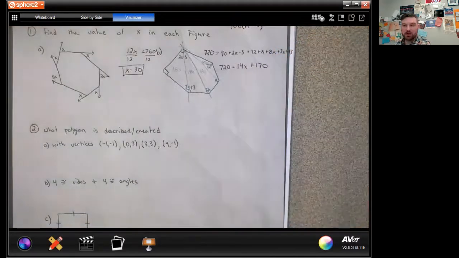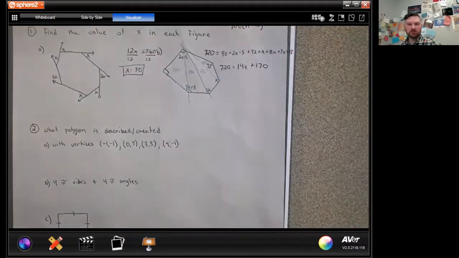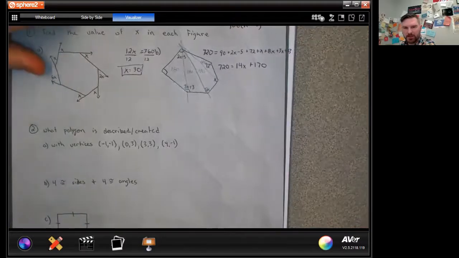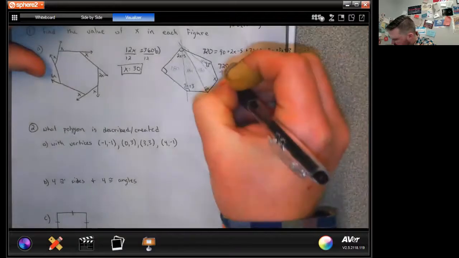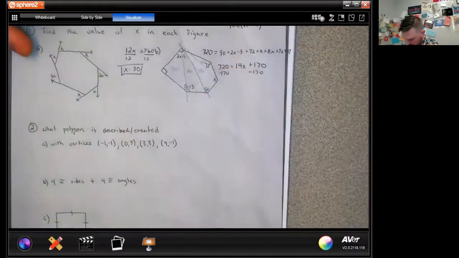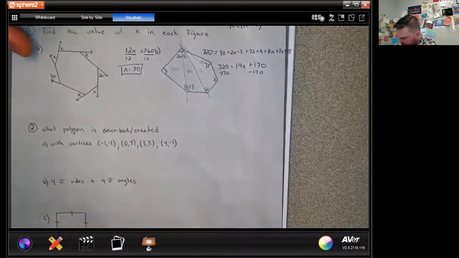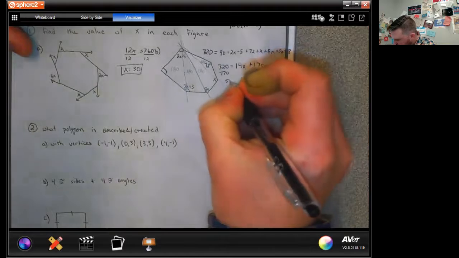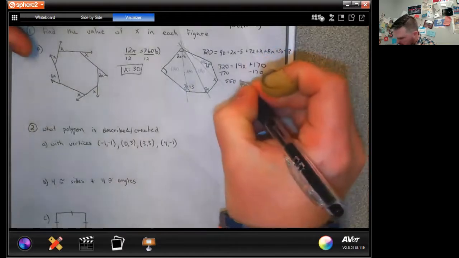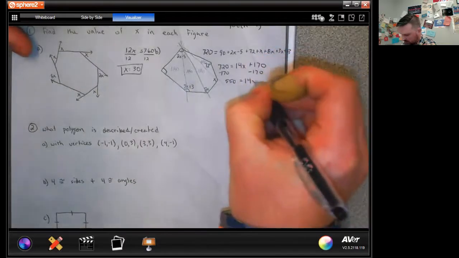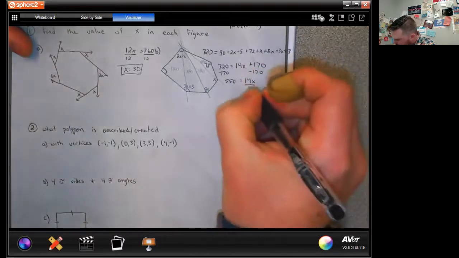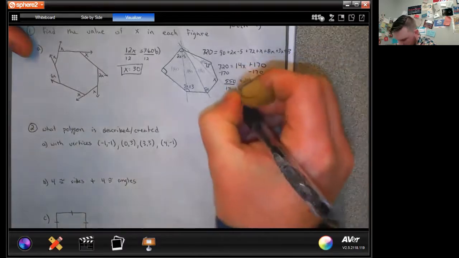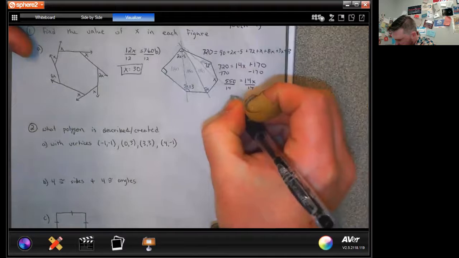It's okay to use a calculator. I'm sitting here using one. Those are quite big numbers, and I want to make sure that you get it right. So here I'm going to subtract 170. 720 minus 170 is 550, which equals 14x. And we're going to divide by 14.